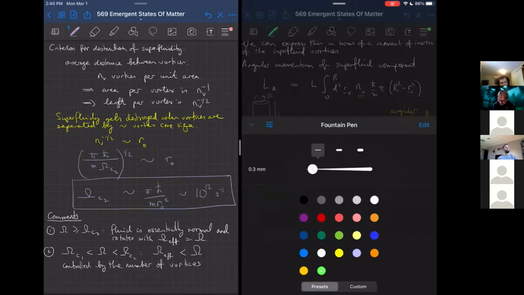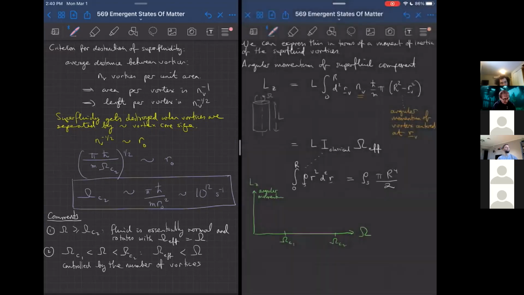What we just computed was that at very high rotation rates, above my point here, the fluid is literally rotating like a classical normal fluid. So in that case, L would be directly proportional to omega. So if I draw a straight line going through this point here, then this curve is going like that.